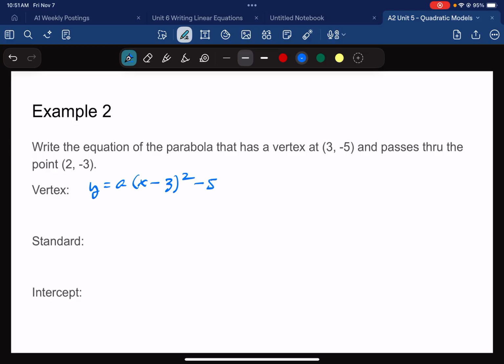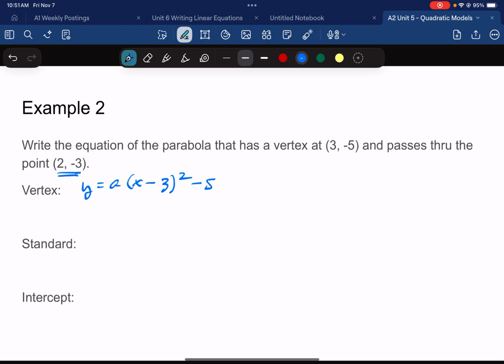Now I just need the a value. Well, that's why they gave me this point. Here's an xy pair that I can plug in for x and y to figure out a. So let's do that work over here. y is negative 3, x is 2.